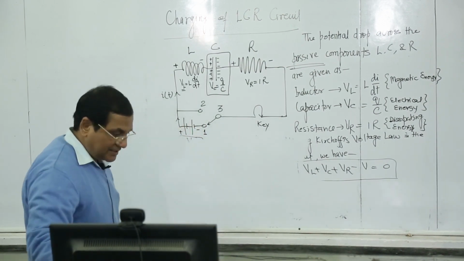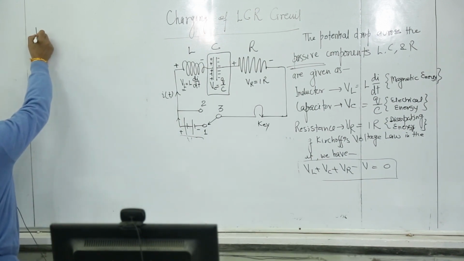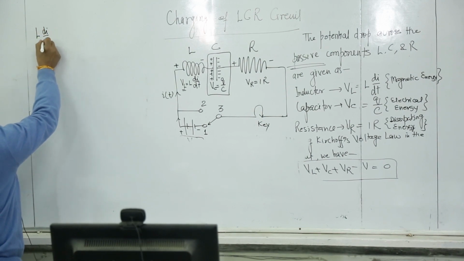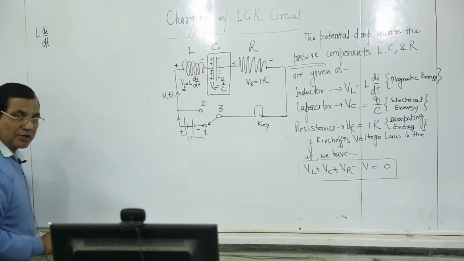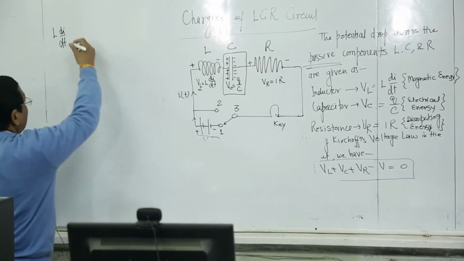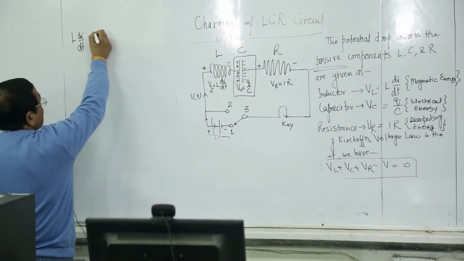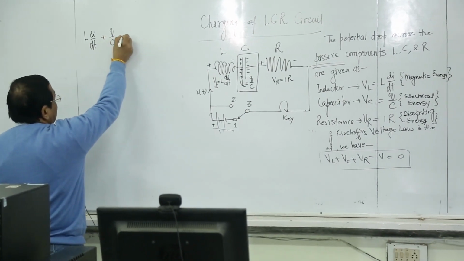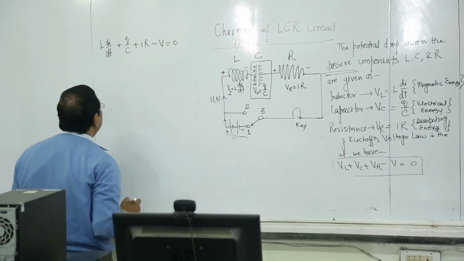We have the expression L di by dt, that is the expression for the voltage across L, then this is Q by C, then I R minus V is equal to 0.